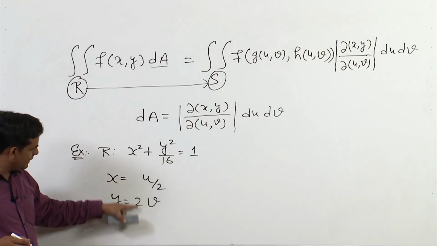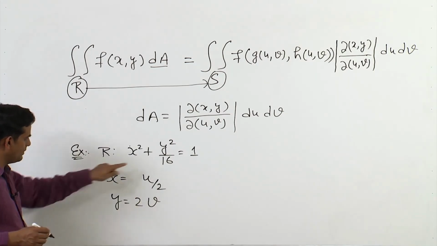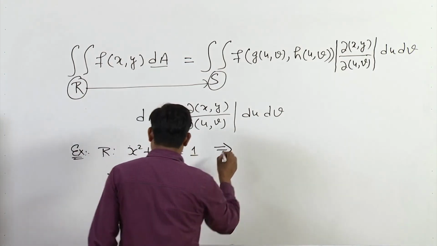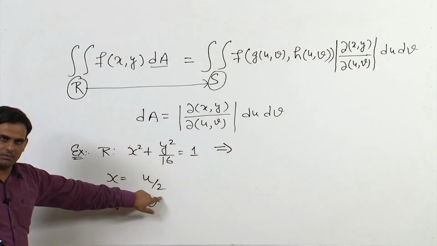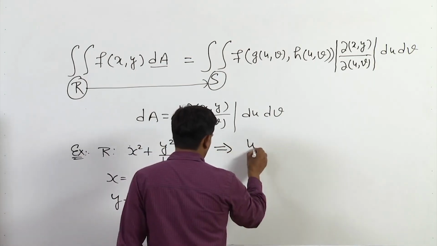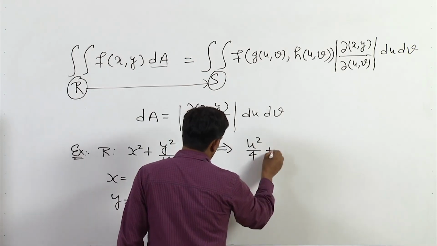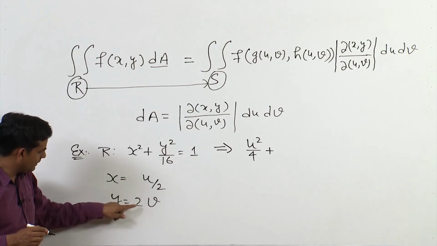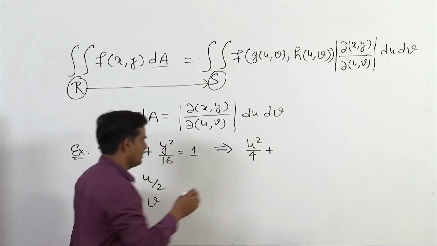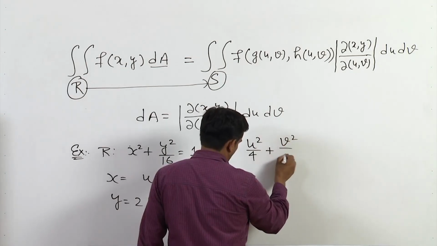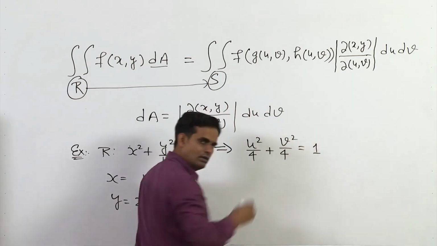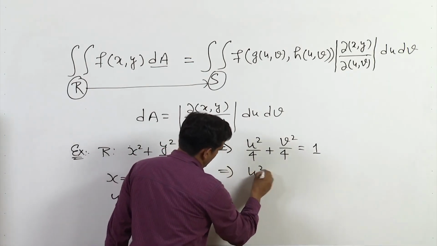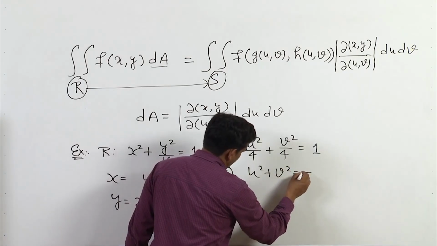If I apply these two transformations on this region, what will happen? This region will convert: x square means u square upon 4, plus y square upon 16, so 1 by 16 into 4v square, so v square upon 4, equals 1, and this comes out as u square plus v square equals 4.